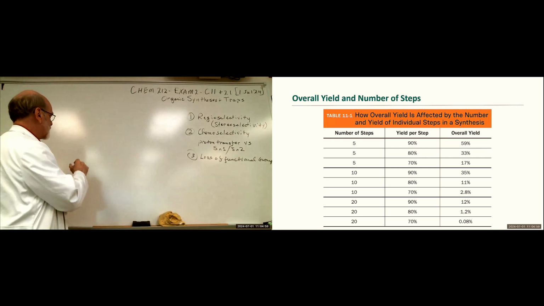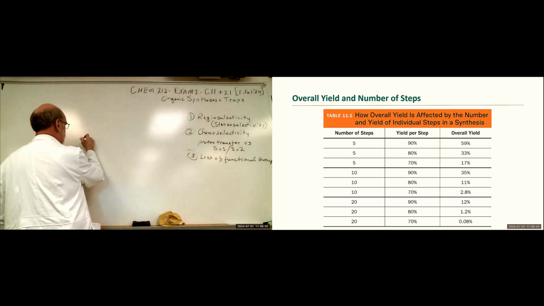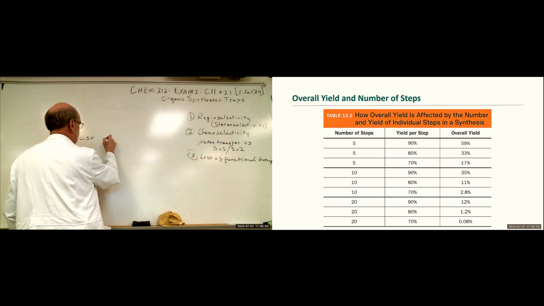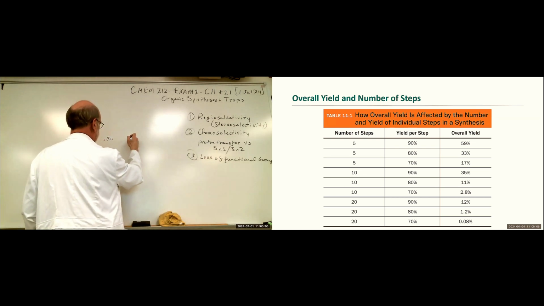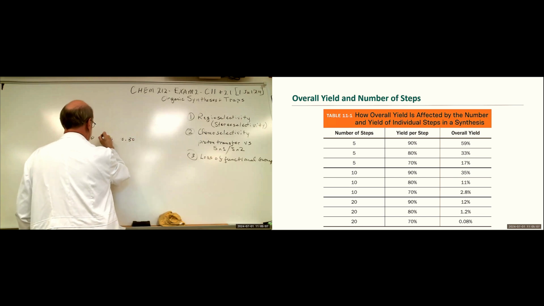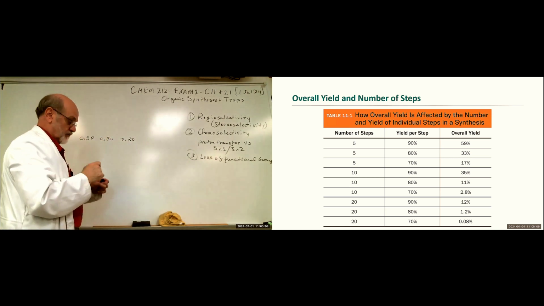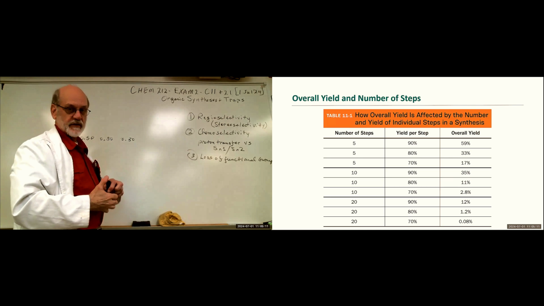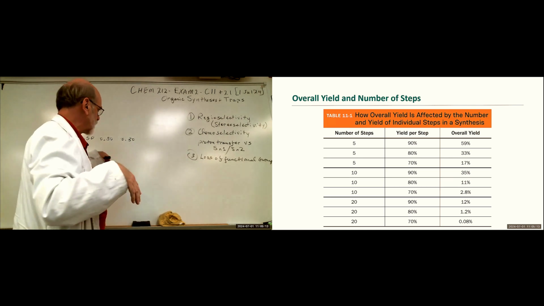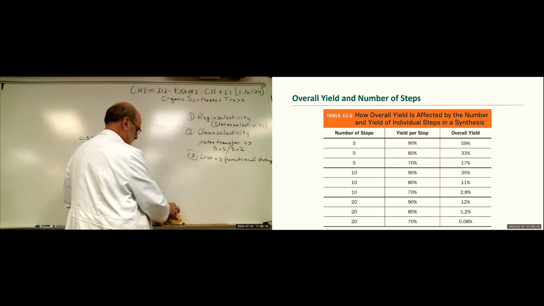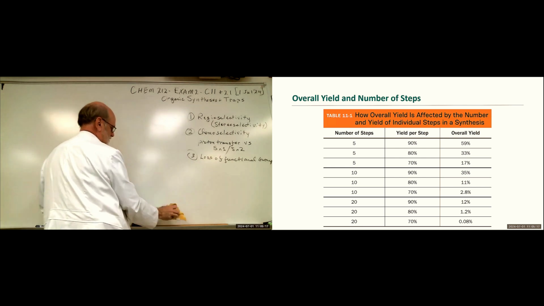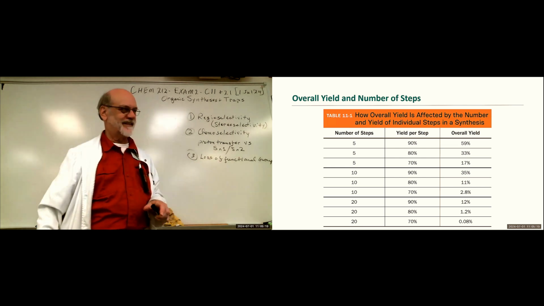So if you have 3 steps, then you would need the yield for each one, like 50% for one, 80% for the other one, maybe 30% for this one. Then you multiply those, and that would be your overall yield. So this is simplified for equal yield for each step, which, as far as I know, never occurs.